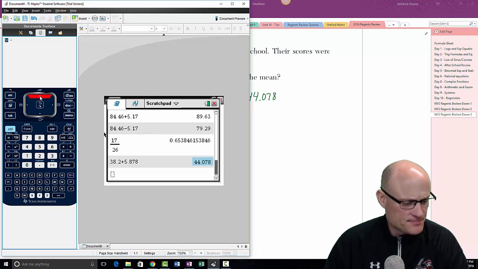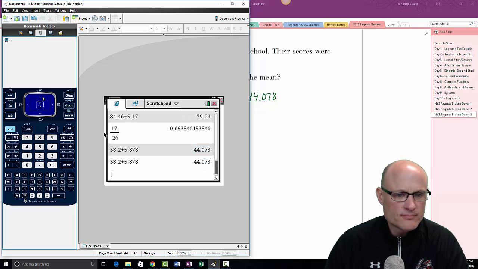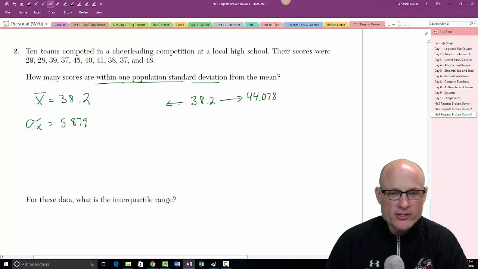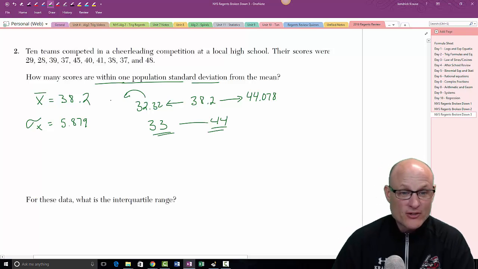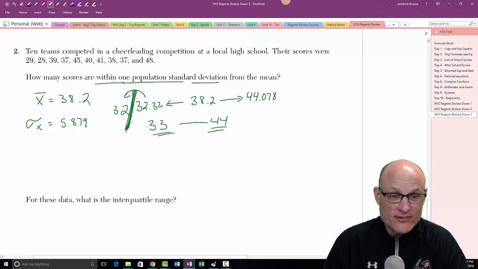And when I subtract, I get 32.32. So I'm going to collect the scores from 33 to 44. I can only collect 33 to 34. I can't go past this to round down because 32 is over here and that's outside of that standard deviation. So 33 to 34. I'll highlight them.